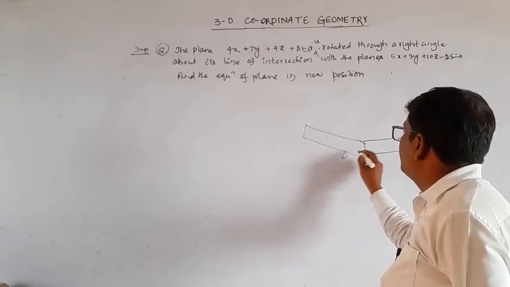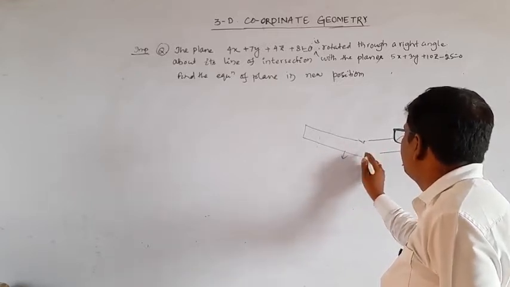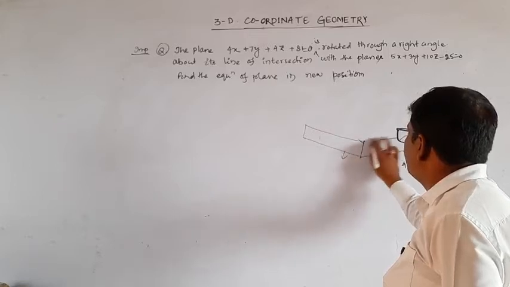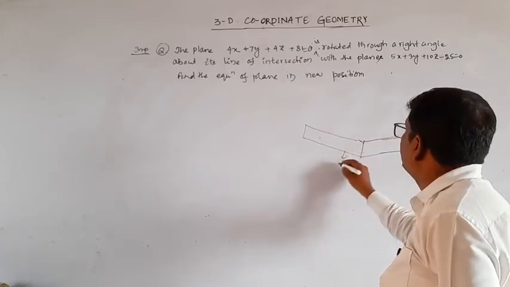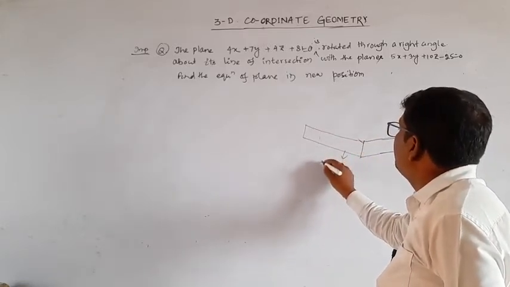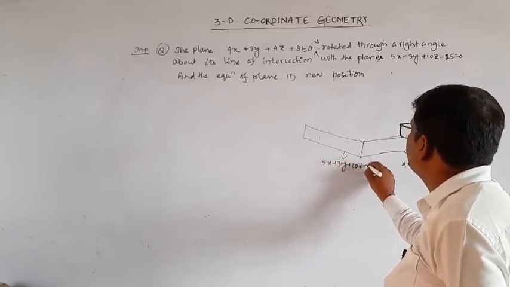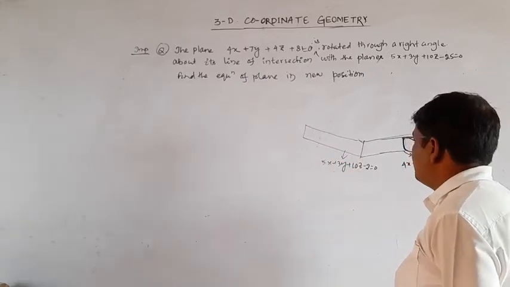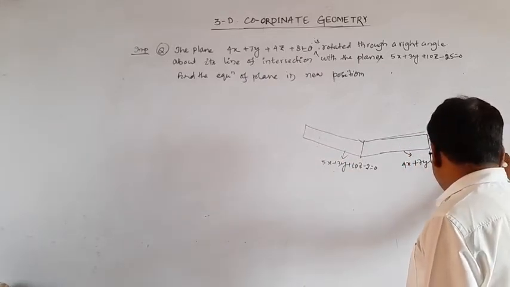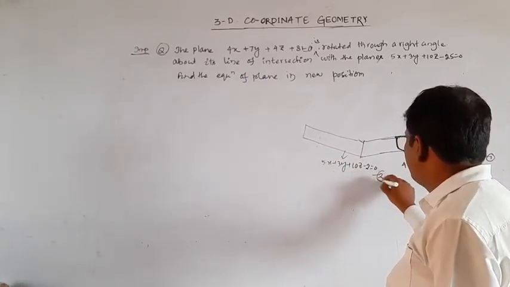This plane, this is the line of intersection. This equation is 5x plus 3y plus 10z minus 25 equal to 0. This is equation 1 and this is equation 2.